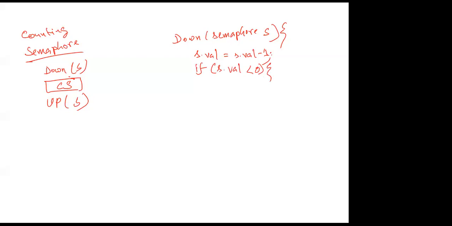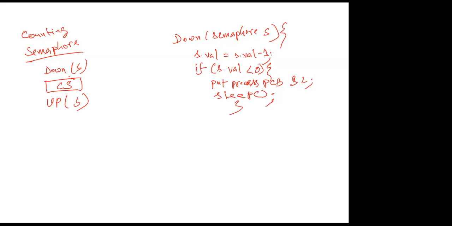When it is less than 0, it means that there is no slot for entering the critical section. Then it puts the process PCB in the s.l queue list, and this process goes into sleep mode.